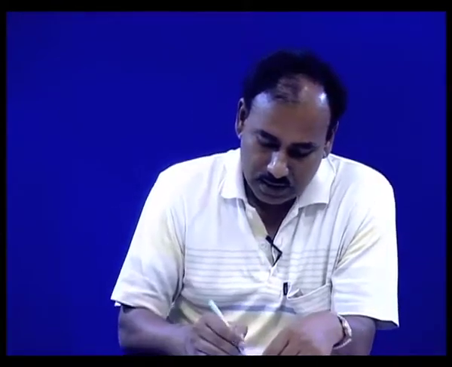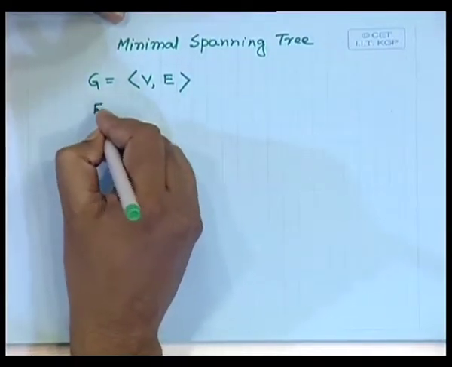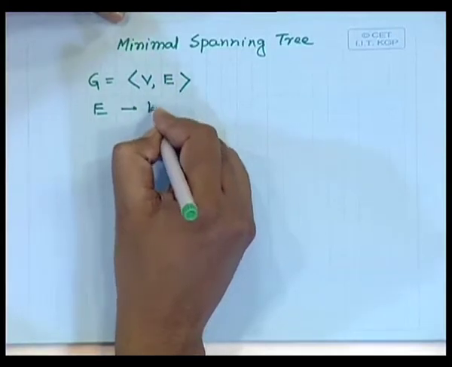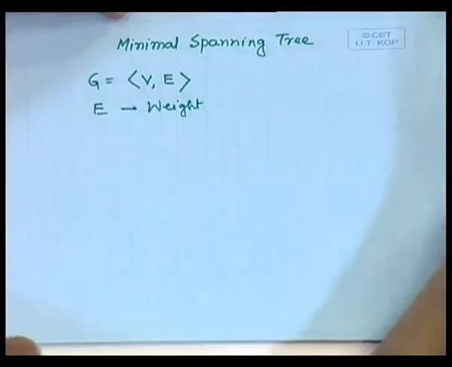So, when we talk about the minimal spanning tree, there the graph is represented as a weighted graph. Weighted graph in the sense that for a set of edges, every edge has a weight or a cost associated with the edge. Okay.